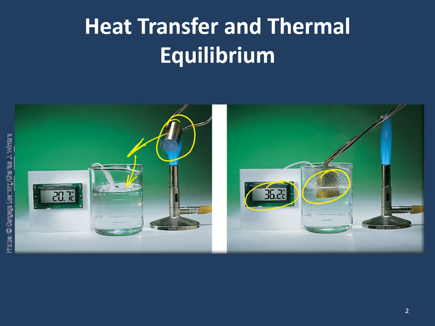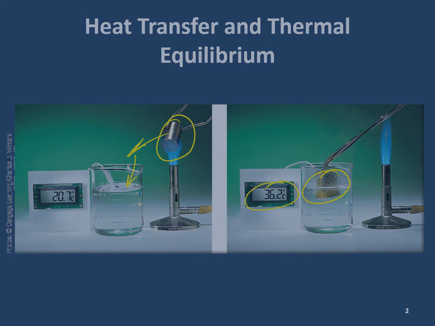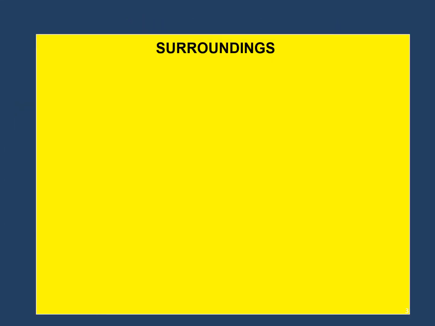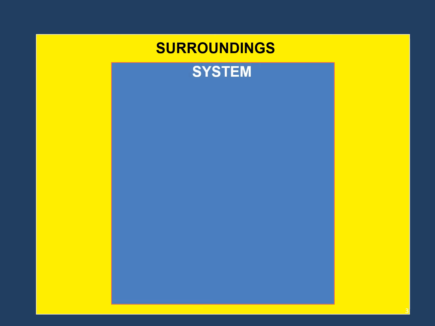Thermal equilibrium is a state when we've come to the same temperature and no more energy is being transferred in or out of the two substances. So all of this works in that same idea that we talked about at the end of the last lecture video between system and surroundings.